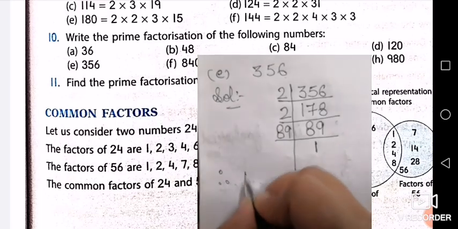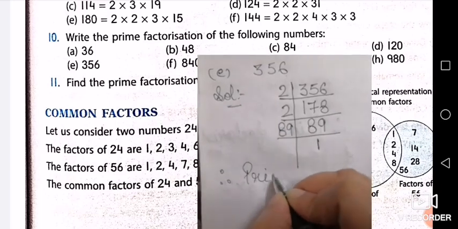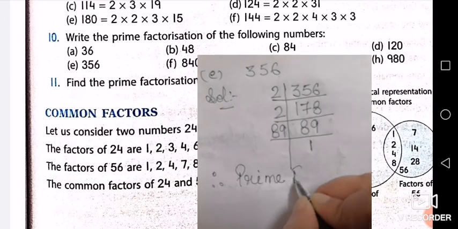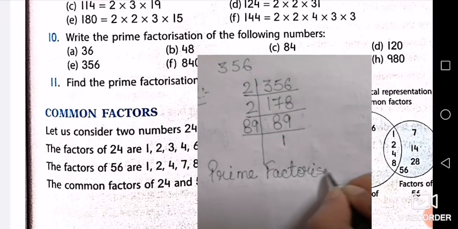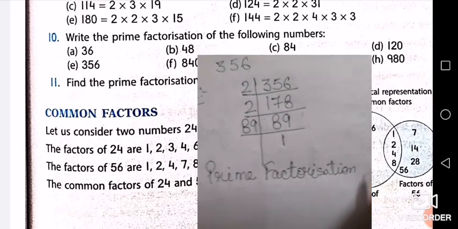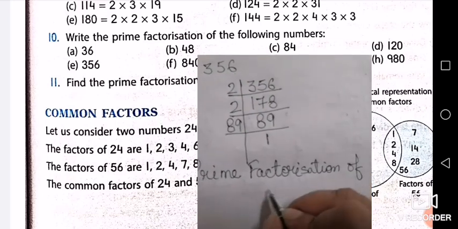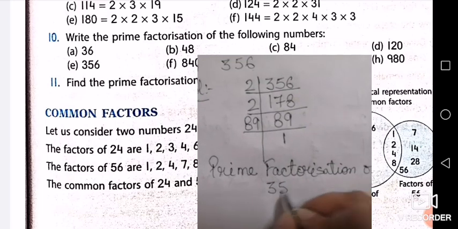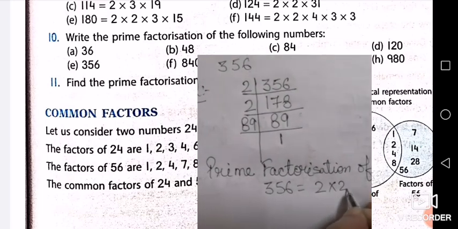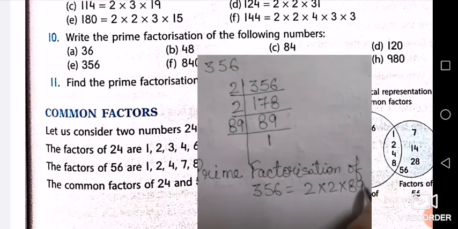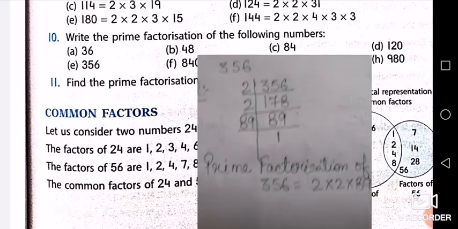Therefore, prime factorization of 356 will be 2 multiply by 2 multiply by 89.